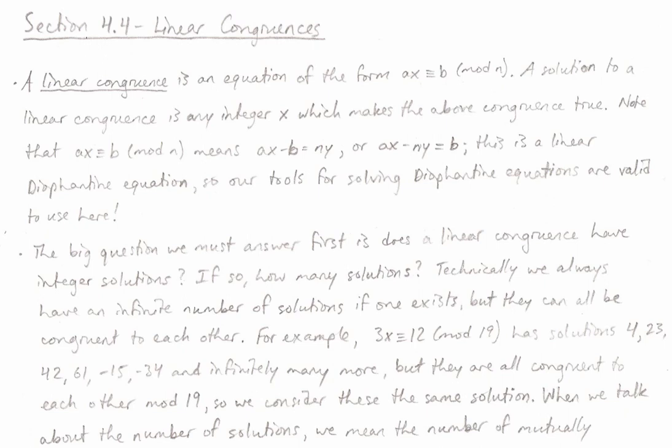A linear congruence is an equation of the form ax is congruent to b mod n. A solution to this is any integer x which makes the above congruence true.